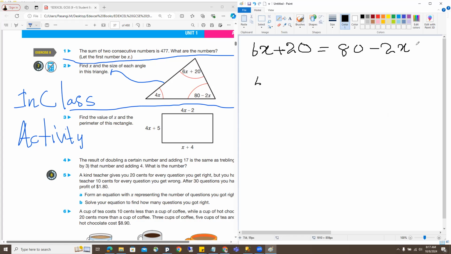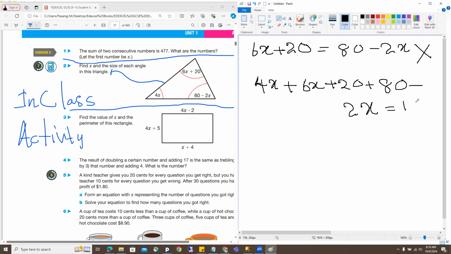So this one is incorrect, but you can write a new expression for the addition of all these angles: 4x plus 6x plus 20 plus 80 minus 2x is equal to how much? 180. Is it clear now? Yeah, Miss. Okay. Can you find the value for x? Okay, Miss.